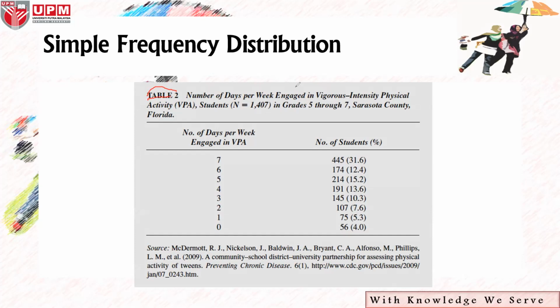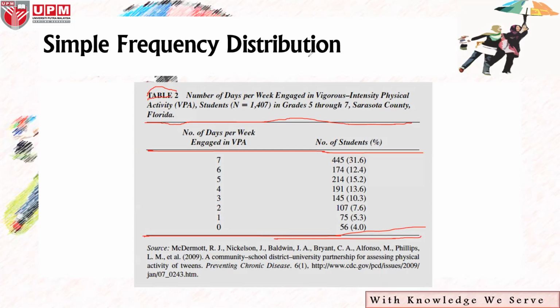Okay, and then in terms of lining the table, the line only appears when you prepare the heading. Okay, the heading dua-dua ada. And then the bottom of the table. Itu sahaja. Left right there will be no lines. Tak ada lines.